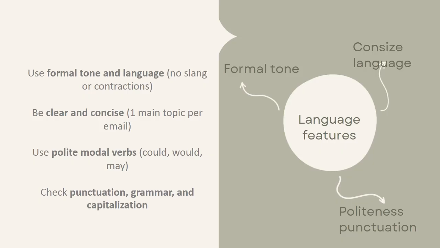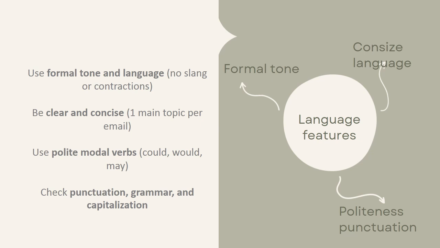The way we write reflects our professionalism. Let's explore how to keep our language respectful and polished. First, you need to use a formal tone and language. No slang and no contractions. That is to say, you need to write the full words. Do not write abbreviations. Be clear and concise.